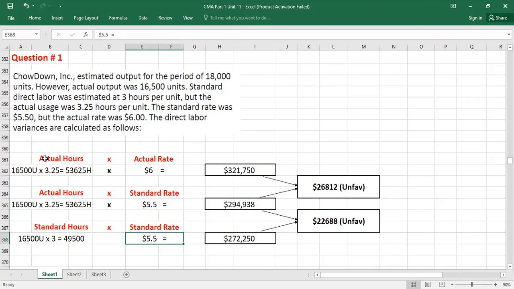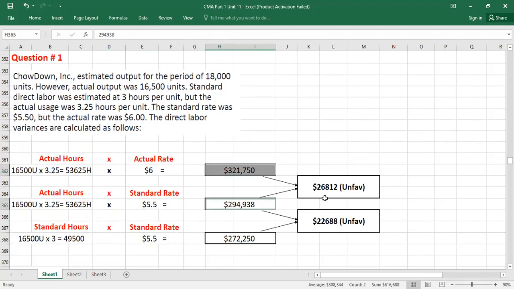So what we did now: actual hours times actual rate gives one value, actual hours multiplied by standard rate gives another value, and standard hours multiplied by standard rate gives the third value. The difference of the first two lines is called rate variance.